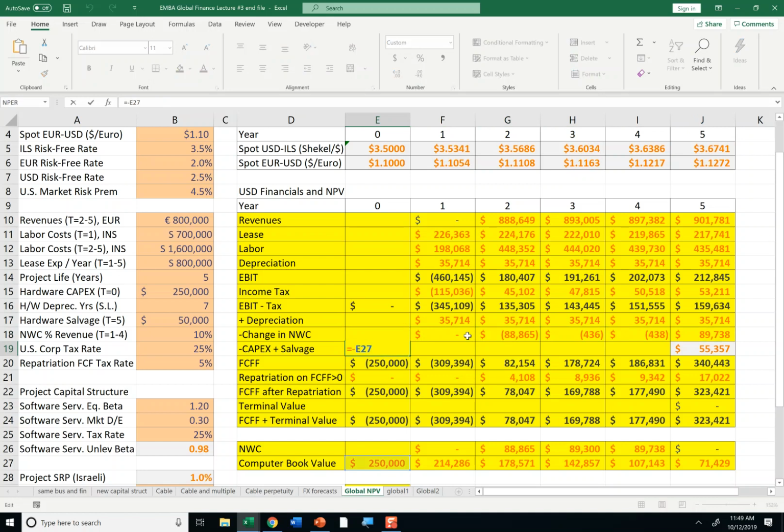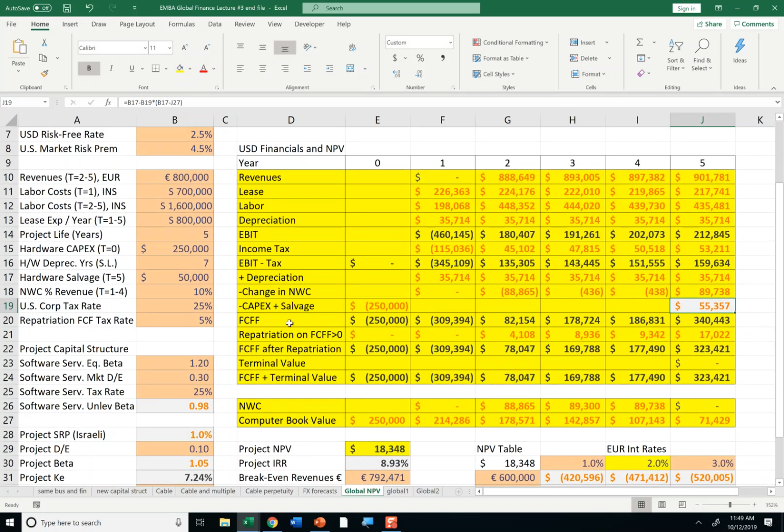I then subtract the Capex, the actual cash purchase of that machinery, the computers. However, at the end of the 5th year, they're worth $71,000. You sold them for $50,000, so you got the after-tax value. I then added a little magical 5% when you brought the money back to the States to account for differences in tax rates or some kind of taxes for international transactions, and that gave me free cash flows, and I calculated the NPV.